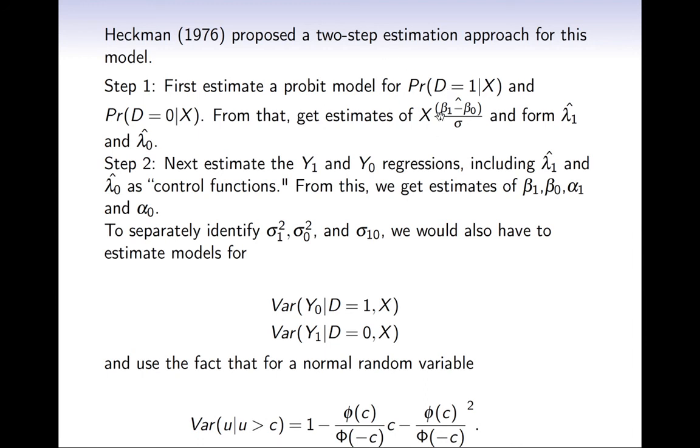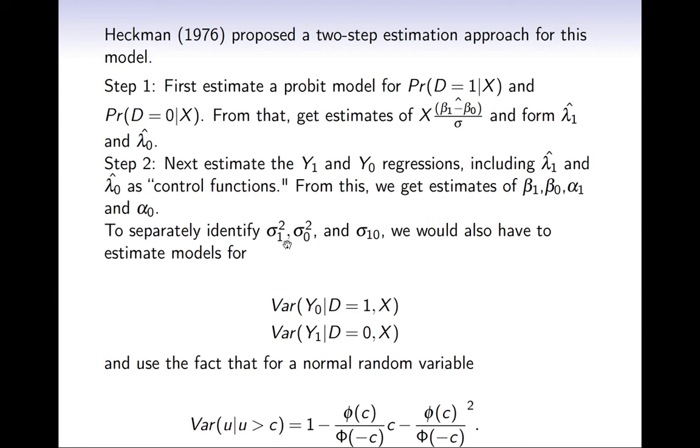From that, you get these estimates here, and you can form these two Mills ratios, lambda 1 and lambda 0, for each person. Now estimate the y1 and y0 regressions, including these control functions. From this, we'll get estimates of beta 1 and beta 0. From the probit, we only got the difference in beta standardized by sigma, but from the earnings regression, you actually get beta 1 and beta 0, and you get those constant terms in front of the control functions.